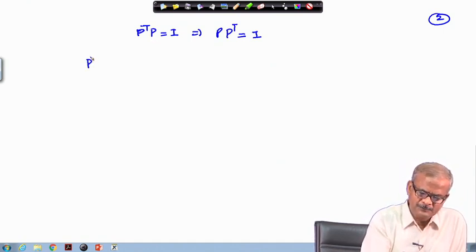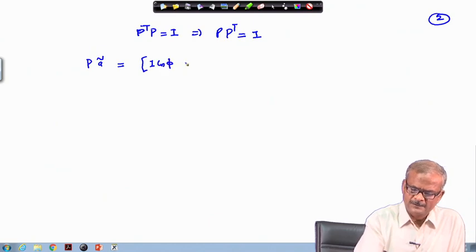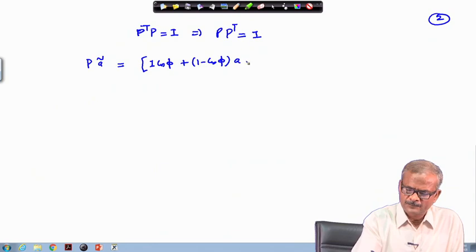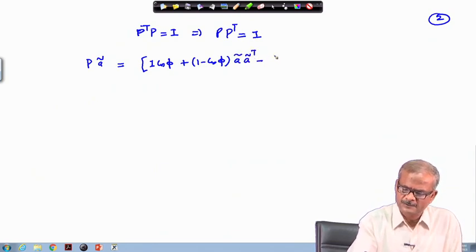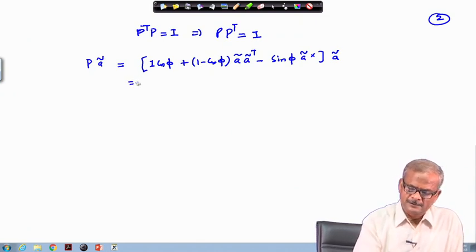If we operate on A tilde by this P matrix, we have I cos phi plus 1 minus cos phi A tilde A tilde transpose minus sin phi A tilde cross, operating on the vector A tilde.